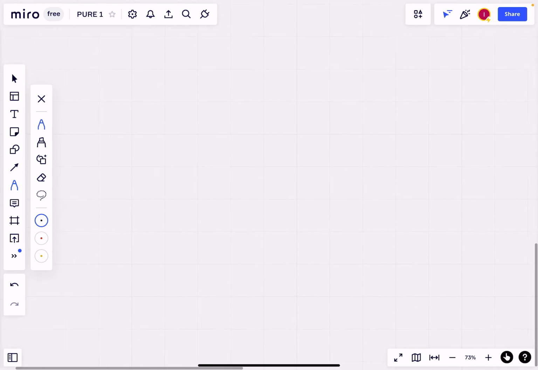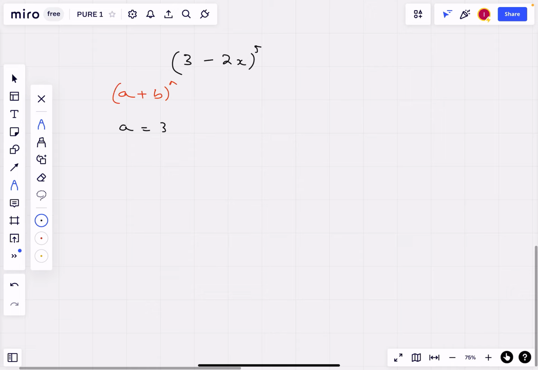So the example that we're going to do is (3 minus 2x) to the power of 5. This is following the a plus b to the power of n format. Our a is 3, our b is minus 2x, and our n is 5. Our binomial starts with a to the power of n, so 3 to the power of 5.